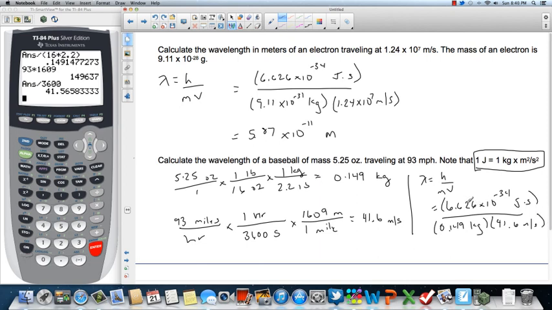And now you can go ahead and just do that calculation. I'll spare you; what it works out to be is 1.08 times 10 to the negative 34th meters. And it should make sense that it's a very, very short wavelength because it's a very large, massive object.